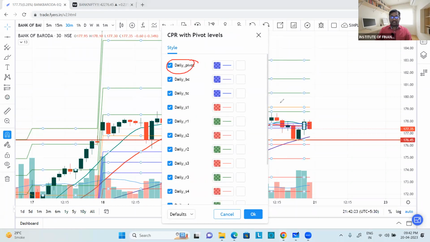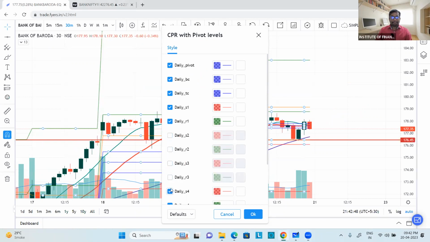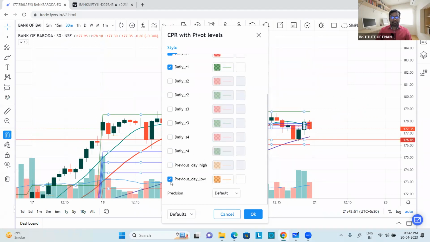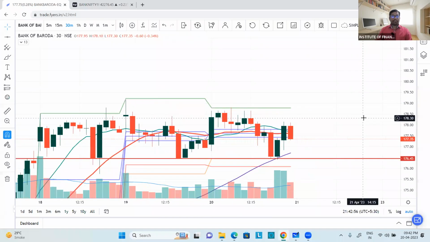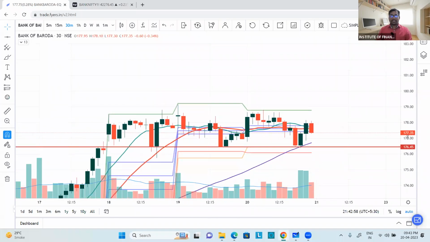This one, this is the central line, and this is the BC and TC. Keep all these three lines, and the remaining is one resistance and one support। ये तीन रख लो और एक सपोर्ट रख लो, एक रेजिस्टेंस रख लो, बाद सारे अनचेक कर दो। So you will get a simple CPR like this, okay?